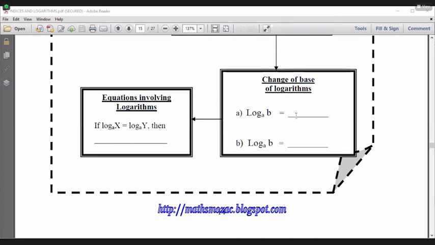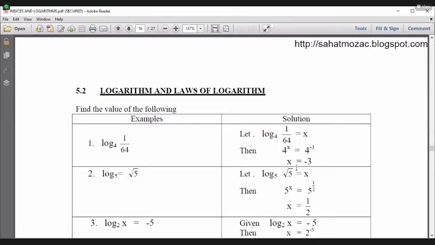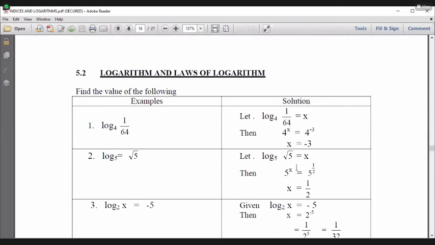So we can talk of x standing for any log, and then we move on for the change of base. Let's look at some illustrations here. These are what we want to work on as illustrations.